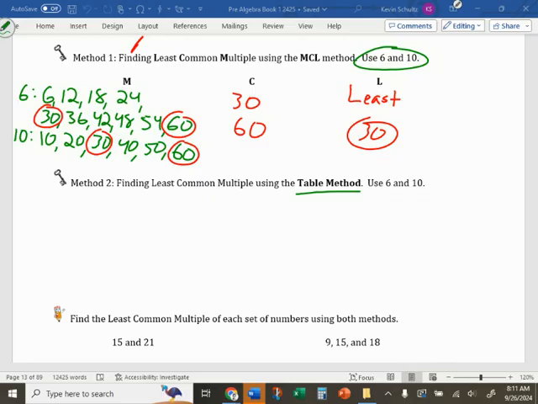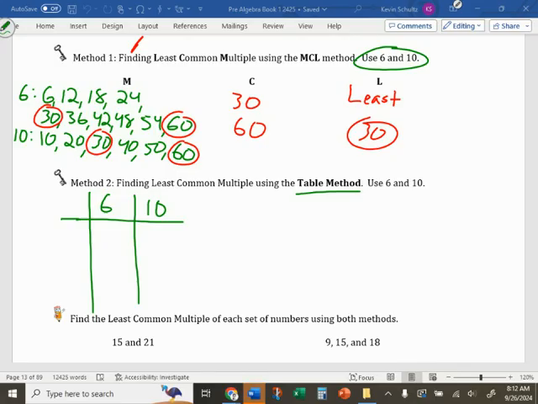Anyway, so 6 and 10, we're gonna make a table similar to how we did with greatest common factor. I'm gonna leave a little bit of space here. I made my numbers a little bit too close together. So 6 and 10, and there's that, okay? And we're gonna start the same way as we do with greatest common factor. Do you remember this from last year?